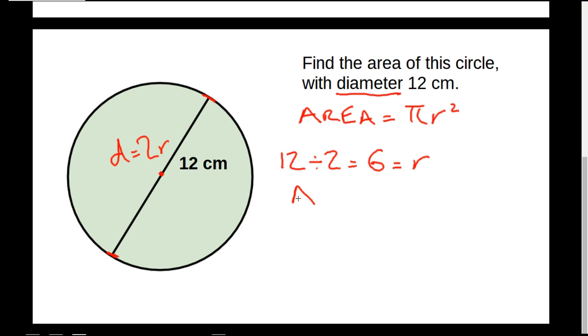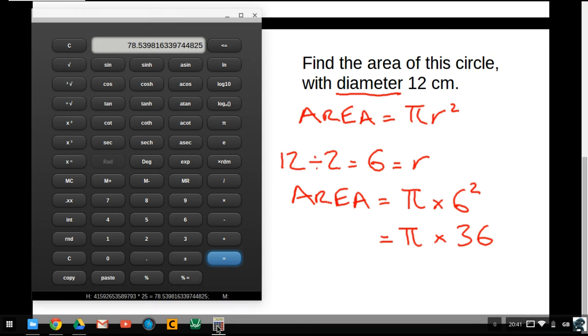Now that we've worked out our radius, we can just do exactly what we did before. The area is pi times the radius squared. So that will be pi times 6 squared. And again, we can do our calculation. Pi times 6 squared is pi times 36, which we can do on our calculator now.